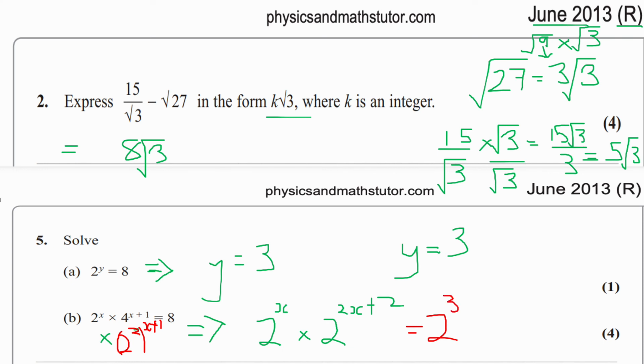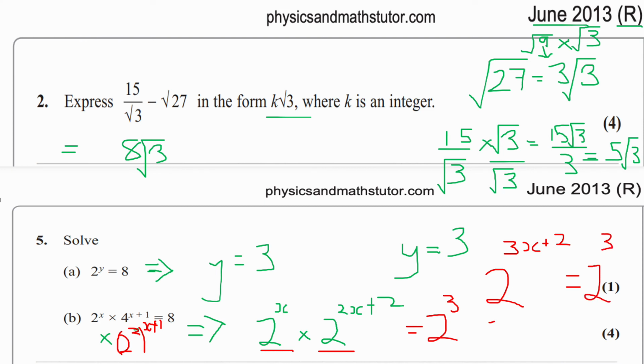I can now use the rules of indices to add the powers. So I'm going to have 2 to the power of 3x plus 2 by collecting like terms. Remember that we are adding if it's the same base. x plus 2x gives me 3x, so I get 2 to the 3x plus 2 is equal to 2 cubed.